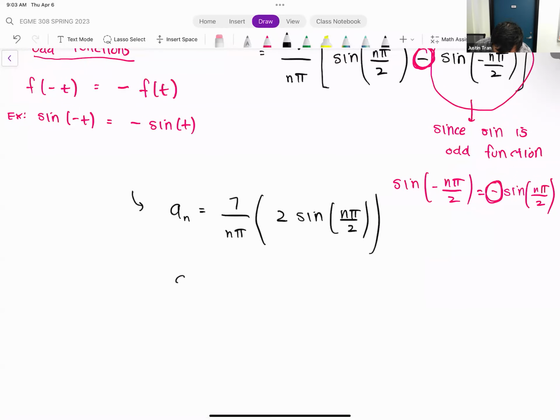And of course, the 2 can multiply out in front as well. So 7 times 2 is 14, 14 over n pi sine of n pi over 2.